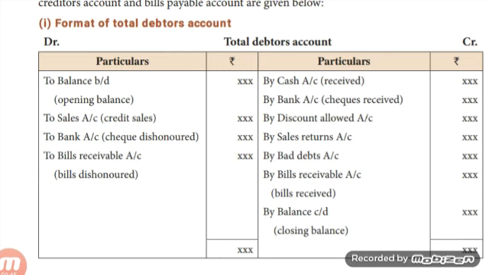Write the title as Total Debtors Account. Enter the abbreviation DR on the debit side, CR on the credit side.